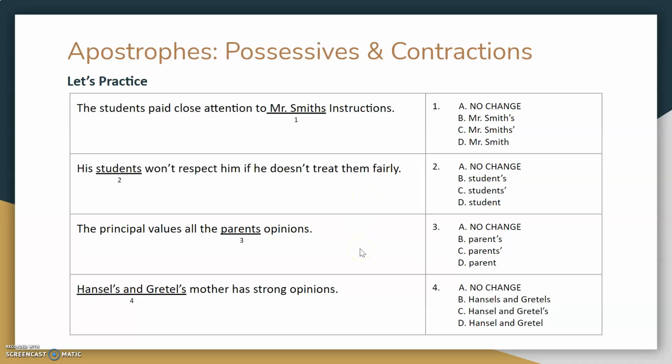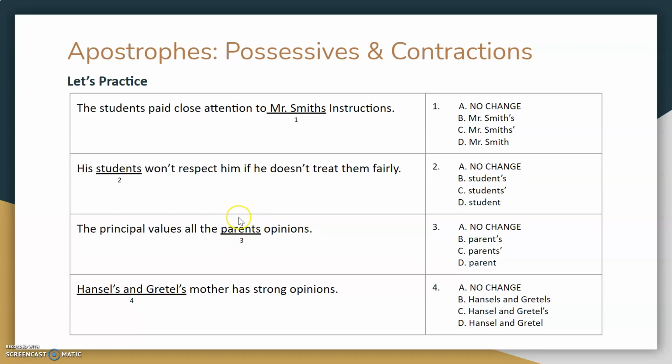Number 3, the principal values all the parents' opinions. Does something belong to the parents? Yes, the opinions, right? Now, if this is possessive, I know I need the apostrophe, so I can eliminate options A and D. Am I dealing with one parent or plural parents?